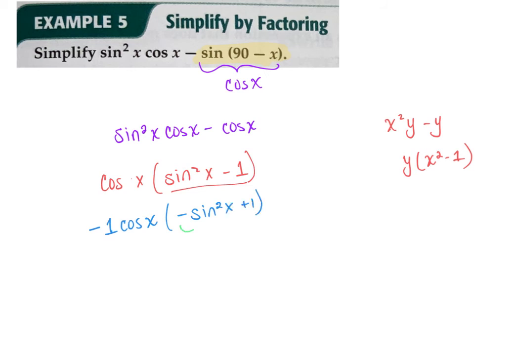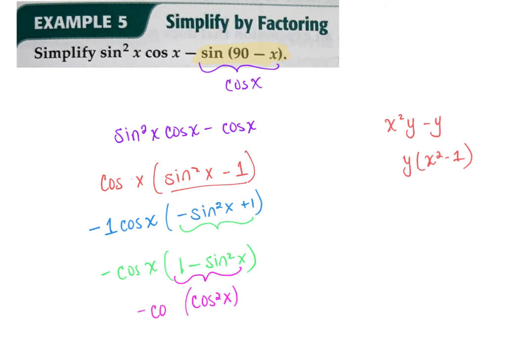And this, if I rewrite it so that I can visually see it, that is 1 minus sine squared. All right? 1 minus sine squared helps me. That's a Pythagorean identity, right? What is 1 minus sine squared? That's cosine squared. So I can replace this piece right here with cosine squared.